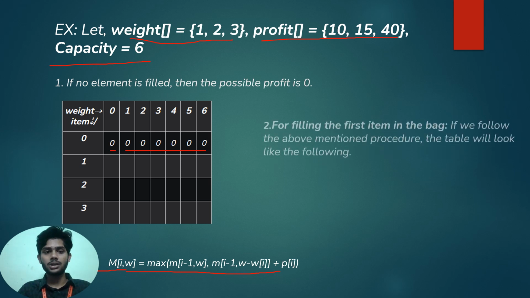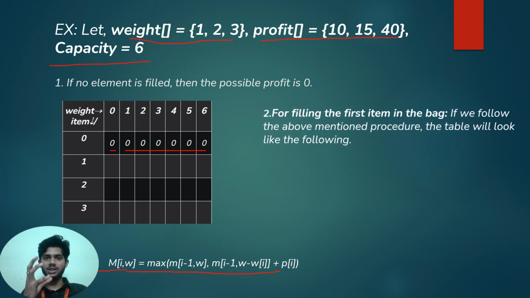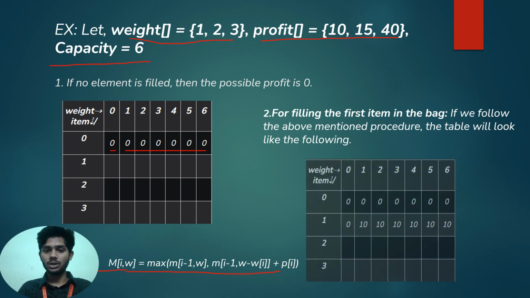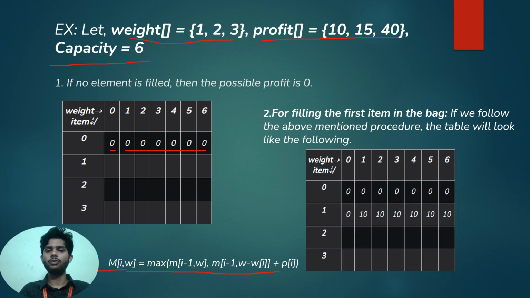Next, if we fill the first item in the bag, the procedure will look like this. If we fill the first item whose weight is 1, then for weight 1 the profit is 10. You can see here, for weight 1 the profit is 10.